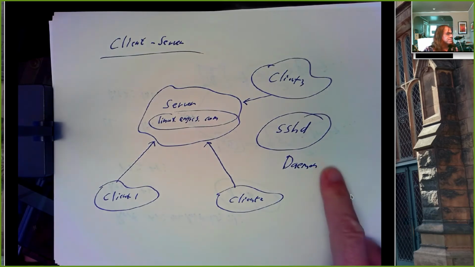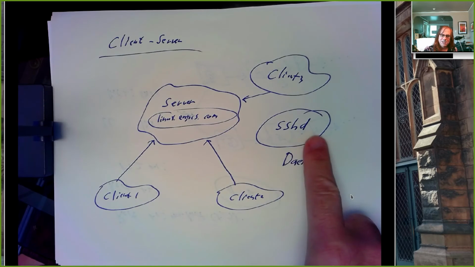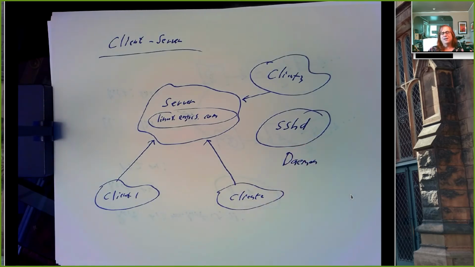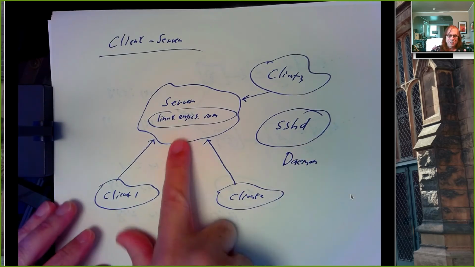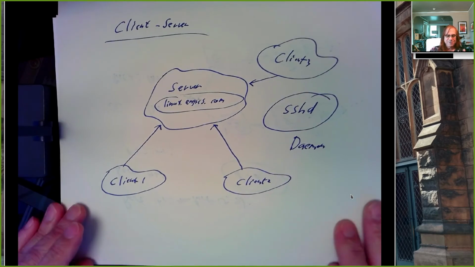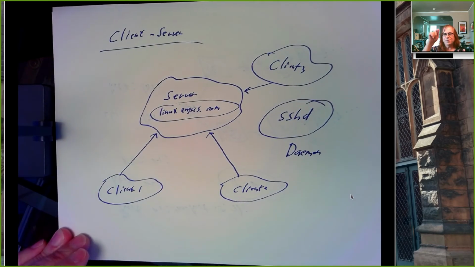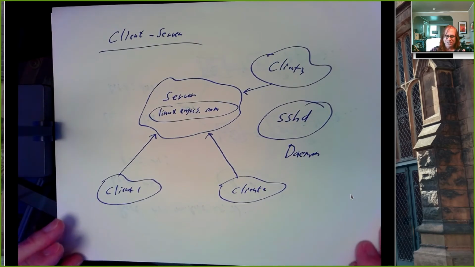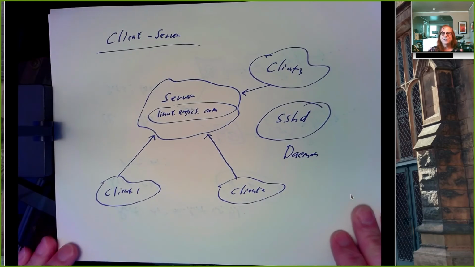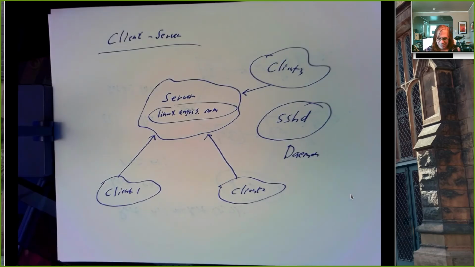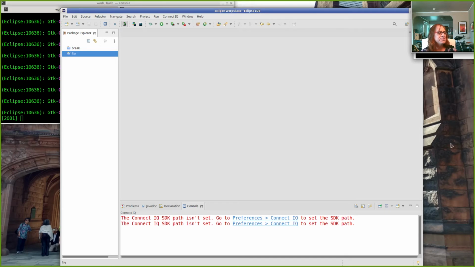So SSHD is a program hanging out on this machine, waiting for clients to come along and say, poke, poke, poke, excuse me, can you start a login session for me?